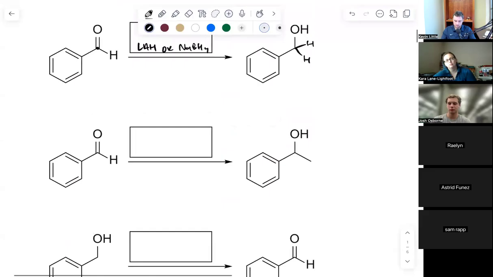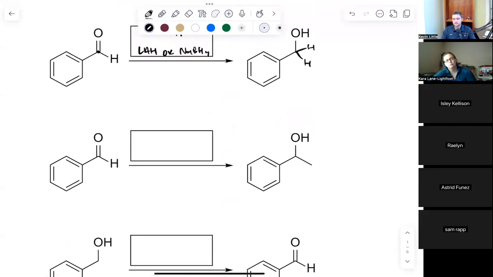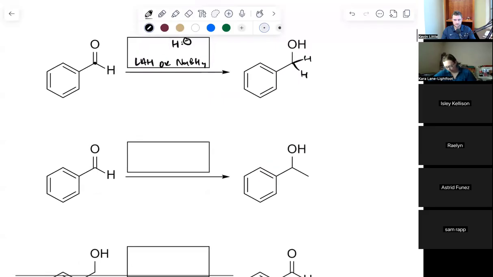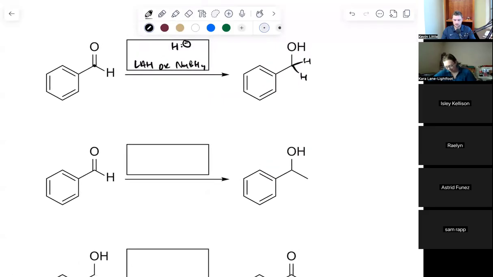All right, this is a very similar question. On this one, notice instead of adding another hydrogen, there's already one hydrogen on here. I've added a carbon. So I need some sort of negatively charged CH3 group.